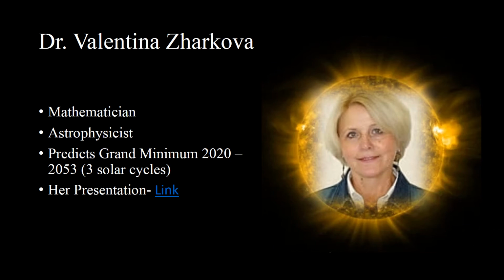But I think she's right. She's onto something. She modeled the sun mathematically. She's predicting that the next 3 solar cycles will be a grand solar minimum, 2020 to 2053, and we'll see the most changes probably around 2030, 2040.